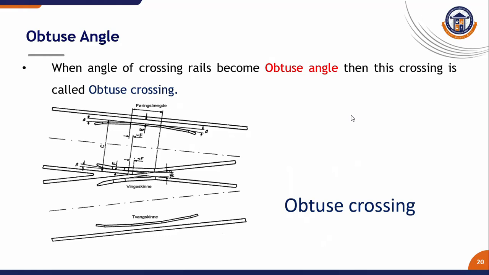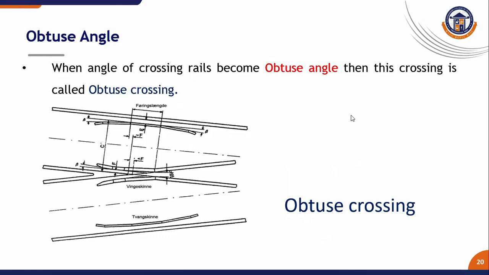In this obtuse crossing, certain skin and traverse skin are followed in the design, and various angles are given, and the beta angle is maintained in the crossings.